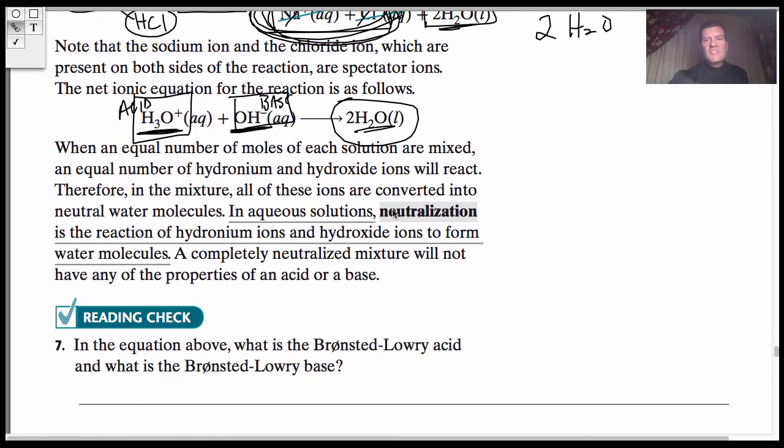That's the neutralization of an acid and base. So you need to know this right here, ladies and gentlemen, that neutralization of an acid and base basically means that the hydronium ions and the hydroxide ions are forming water molecules.